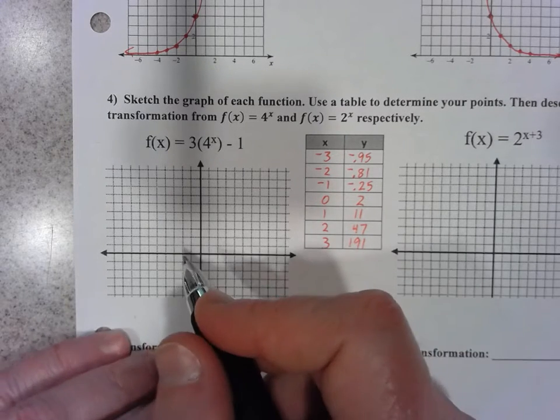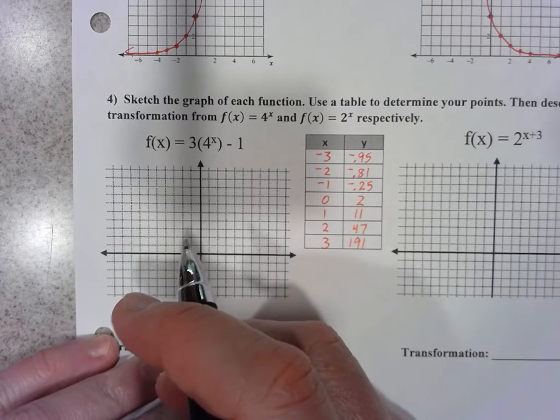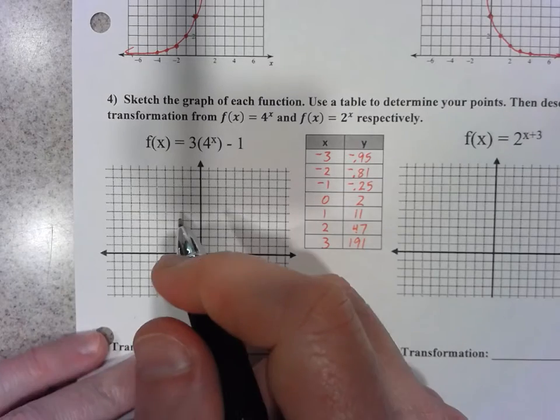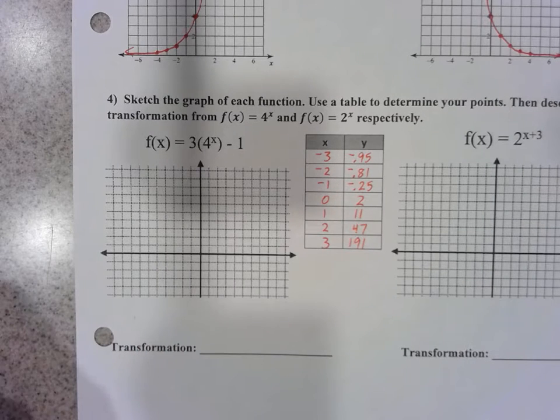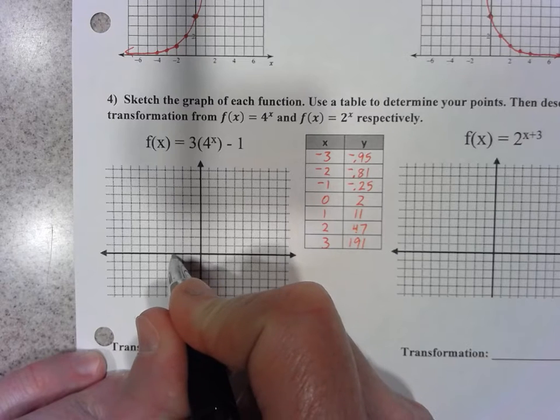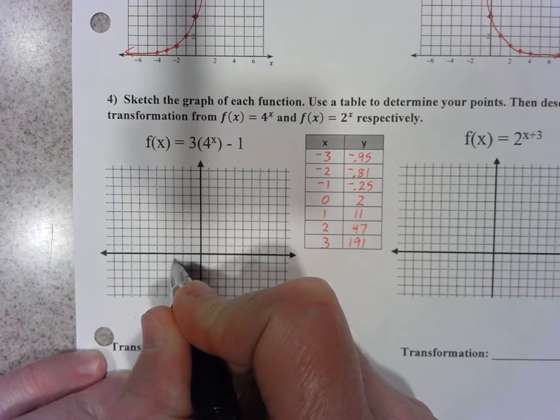So as we go to fit these on the graph, at -3, -0.95 is almost to -1.